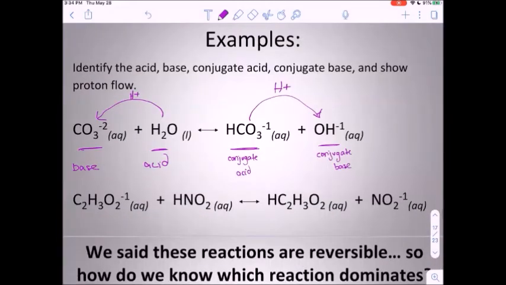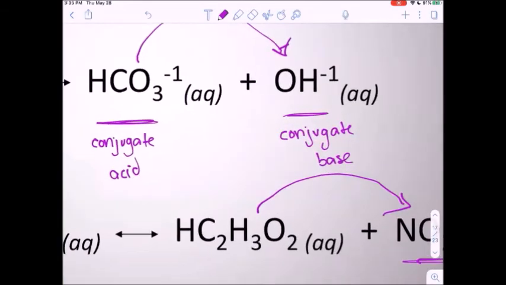Taking a look at the second one here, on the left-hand side, I can see that I have HNO2, whereas on the right-hand side, I only have NO2. So this one's losing a hydrogen. That hydrogen is being donated in this direction to the left. Versus on the right-hand side, I have my NO2 that would need to gain a hydrogen to go back. So my hydrogen would be transferred in this direction.